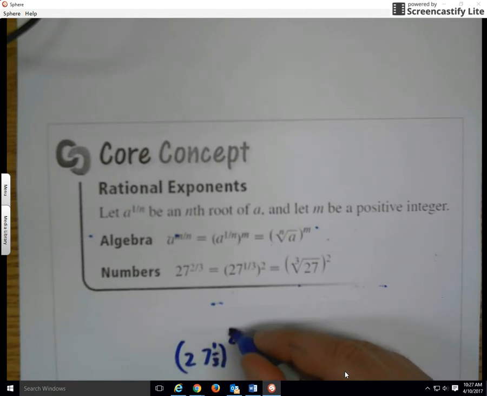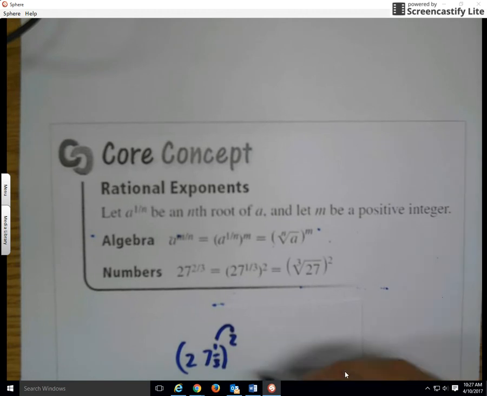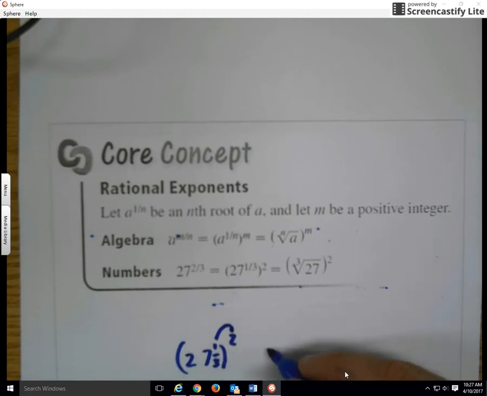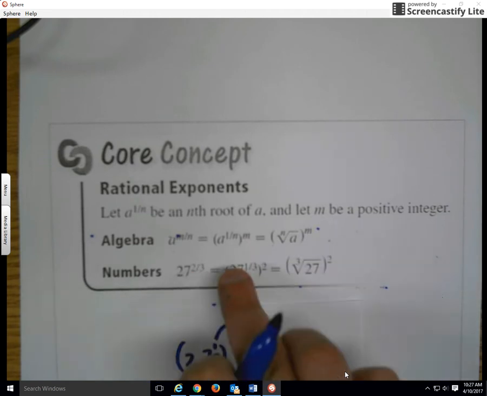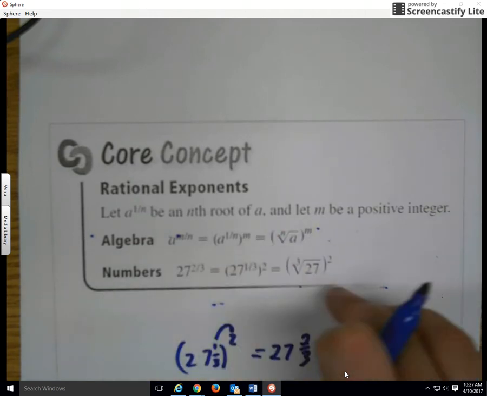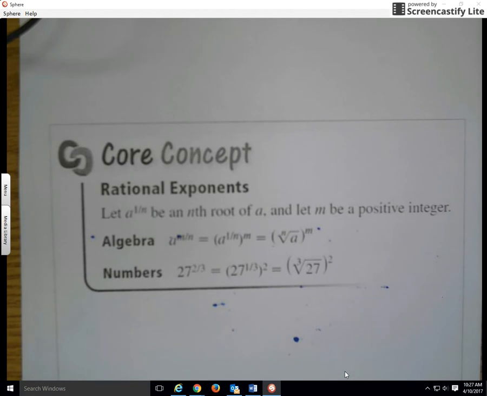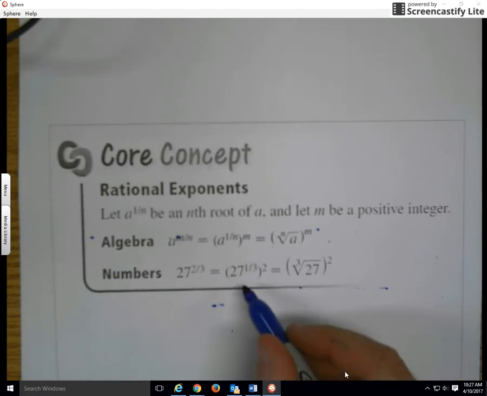We'd multiply the exponent by the exponent, right? But 1/3 times 2 would be 2/3, right? So all we did was do that in reverse. We took the 2/3 and we took the 2 out. But then we're left with just 1/3.